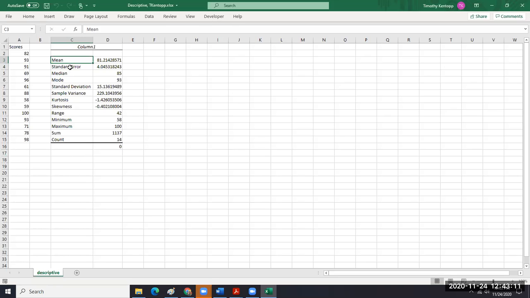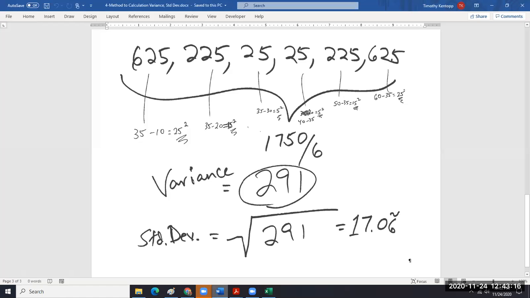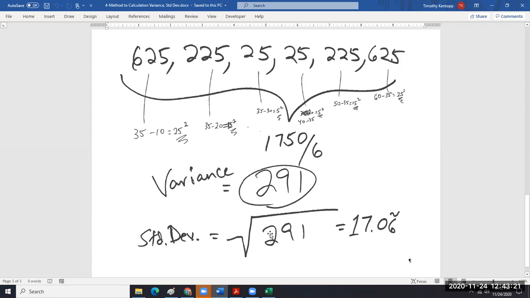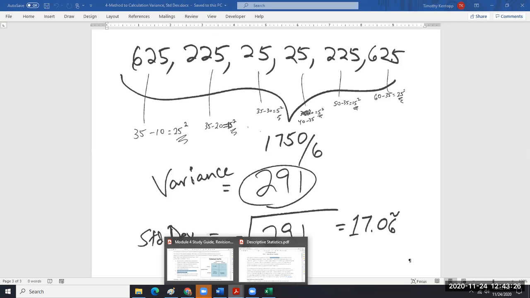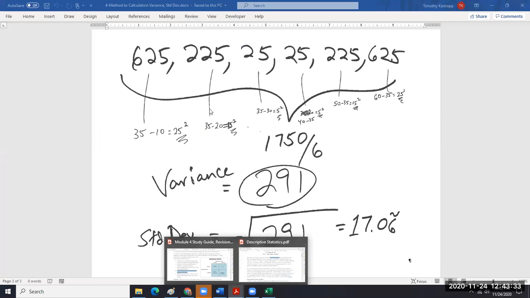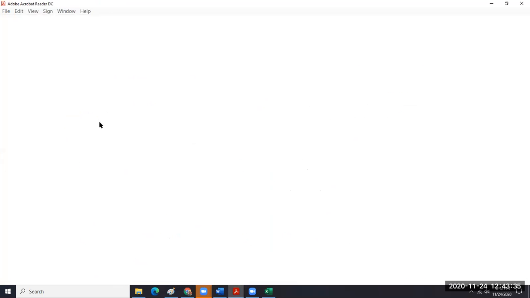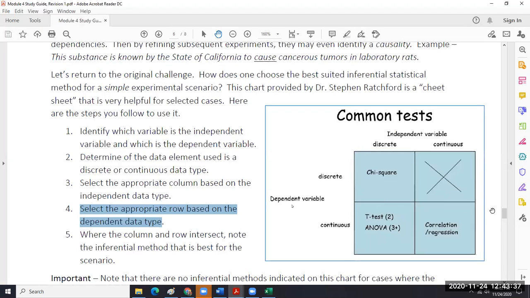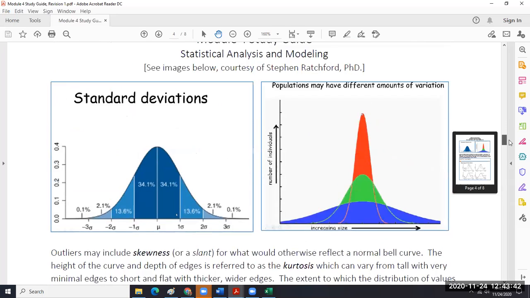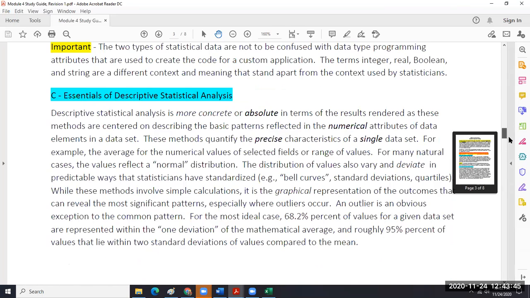Everybody's familiar with means and averages and standard deviations. There'd be another reference and a little walkthrough on variance and standard deviation, how you calculate that. But basically, if you just do it, and you look at the study guide, in the section up here we talk about descriptive statistical analysis.